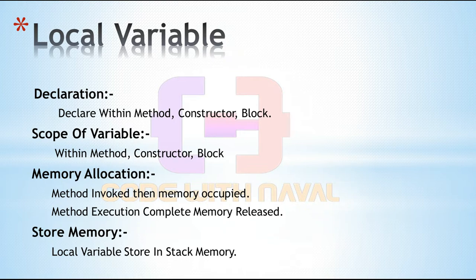If we have two methods m1 and m2, and I declare a local variable inside m1, then I can only use it inside the m1 method. For memory allocation, when the method is invoked and starts execution, memory is occupied. When the method completes execution, that variable's memory is released. And these variables are stored inside stack memory.